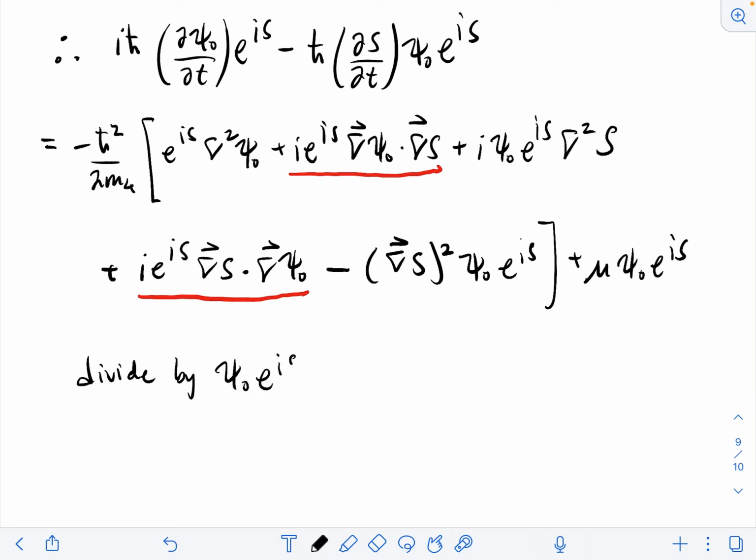So if we do that, then the left-hand side becomes i h bar. We divide by e to the is, so that's gone. But we have 1 over phi 0 and then we have d phi 0 dt. Then we have minus h bar, and we're dividing by the wave function, so all that's left is the ds dt.